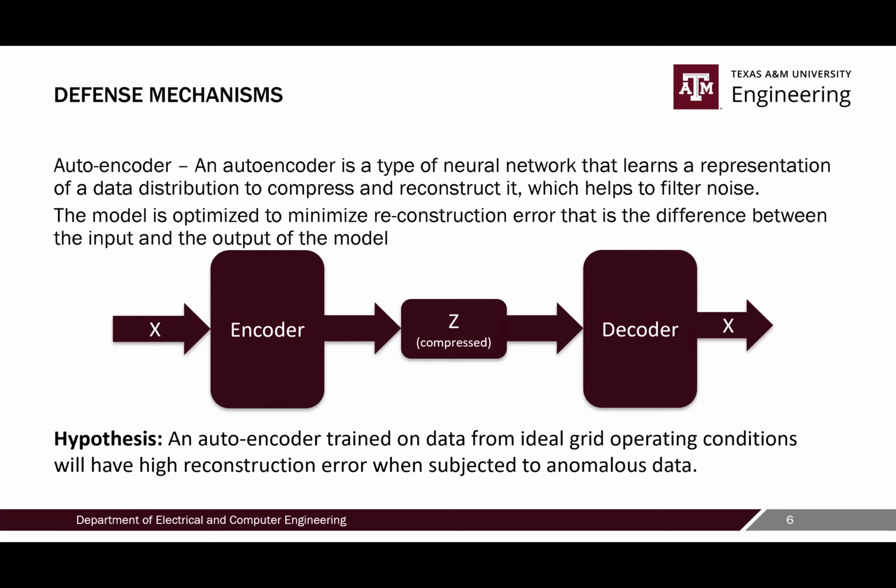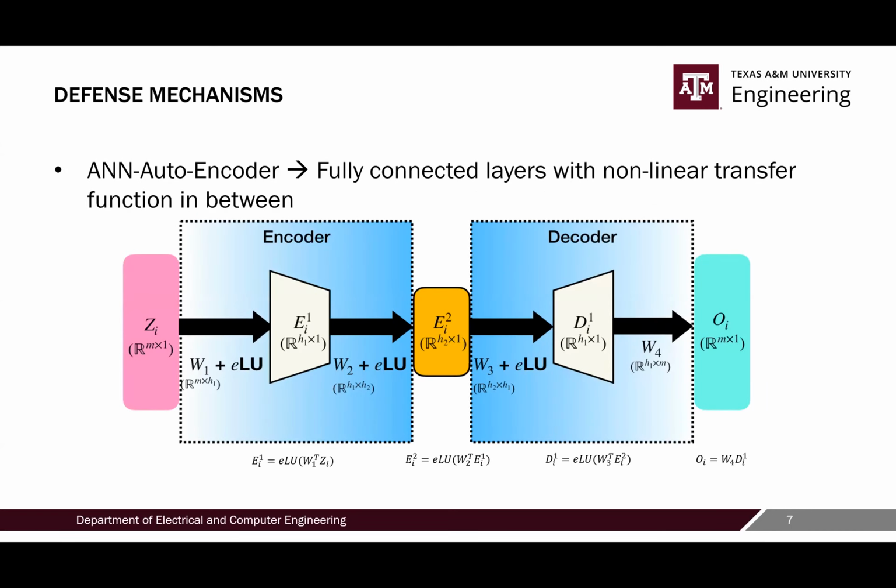That's the idea: to explore using this autoencoder with neural networks for false data injection attack detection. In the paper, we present in particular 3 different ways of doing this with different encoders and decoders.